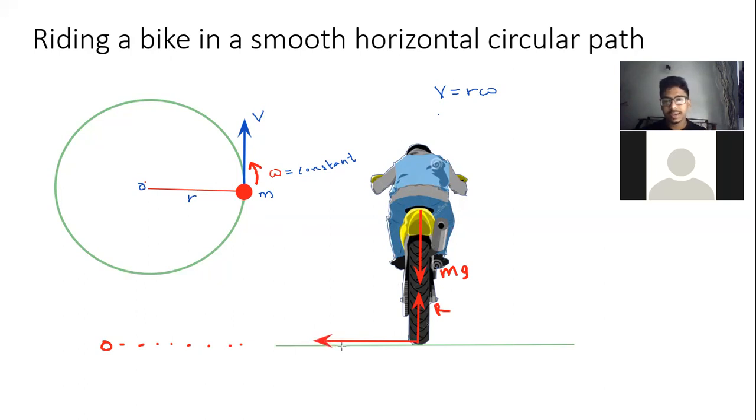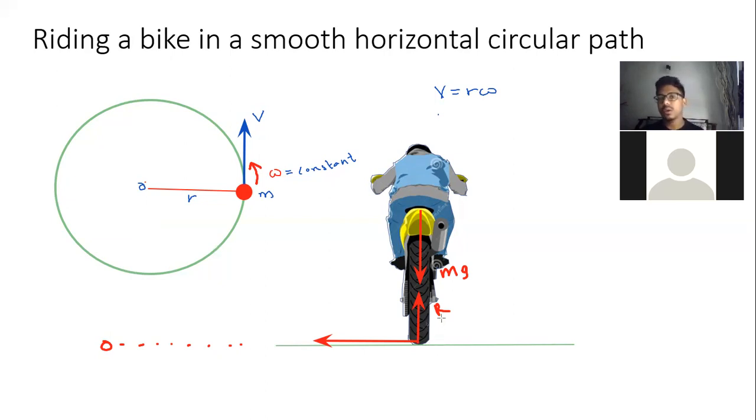So where is it? Therefore, the catch, the key takeaway, is that we cannot go in a circular path if the road is smooth. There should be friction in order to keep in a circular path, or in order to take a bend, we should have friction in the floor.